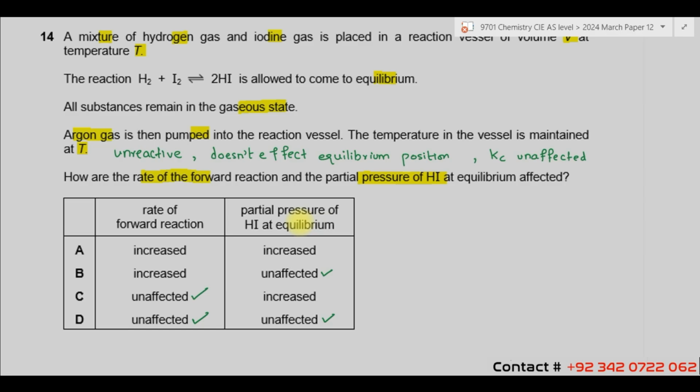Now we can change partial pressure of hydrogen iodide if moles of gas is changed, but in this case moles remain the same, or if volume of container changes, but volume of container does not change in this case, or if temperature is changed.